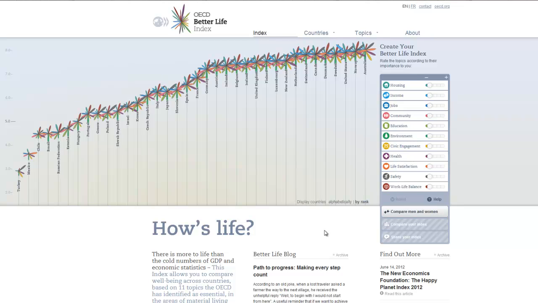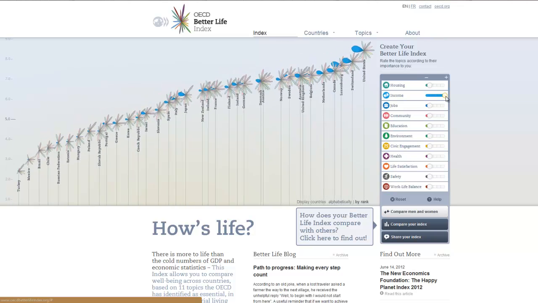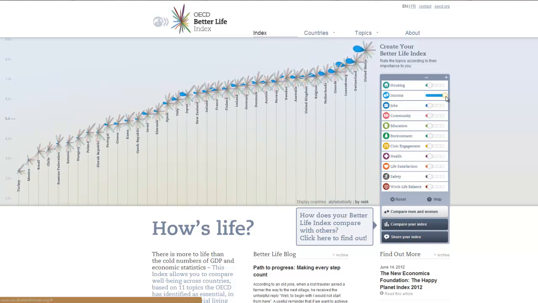So all those indicators are presented initially generally. If you think certain indicators are more important than others and you want to give them more weight, then you can play here with those different indicators. So if you think income is the big issue, then you can push the importance of that indicator, and you see the ranking change as the blue petal, the income petal, becomes more prominent, with the United States coming in first place, and otherwise the same countries staying behind roughly as they were previously.